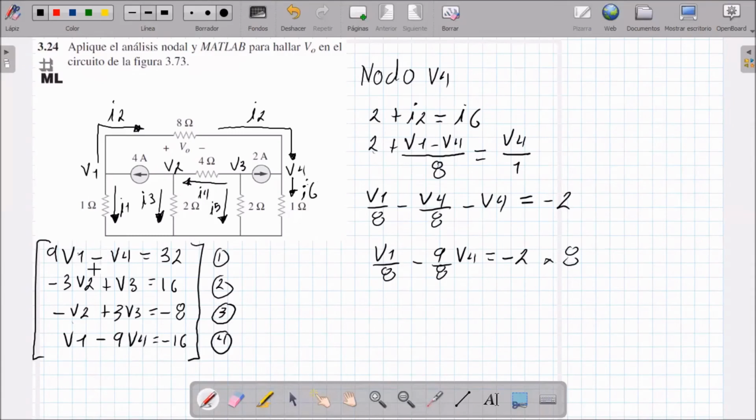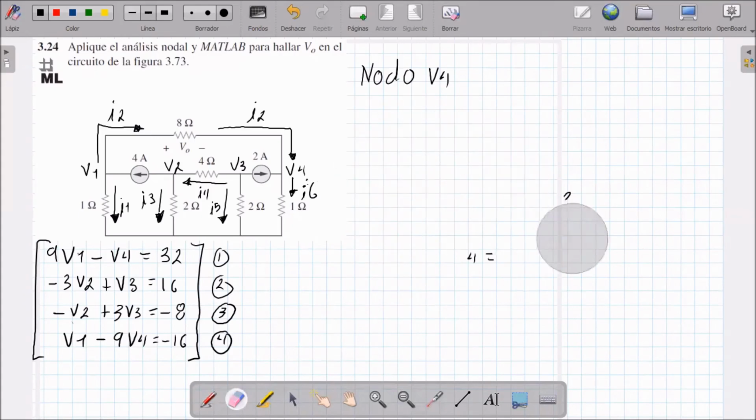Let's observe that in this equation there are 4 variables, B1, B2, B3 and B4. We are going to arrange them all, but first we can arrange it on this side.